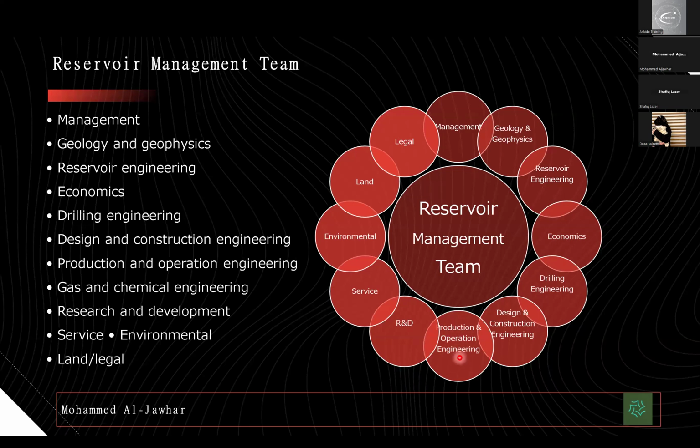I mean, the wells producing or water injection. Is it water injection or gas injection? What is the injection profile? So all these can work together in terms of reservoir management as one team.